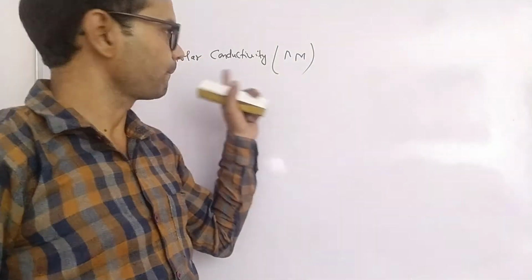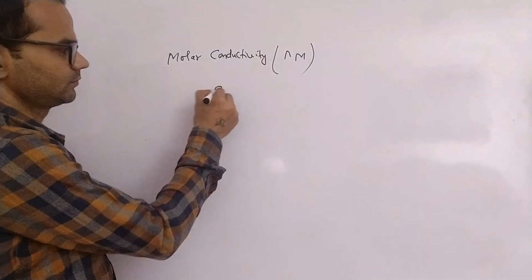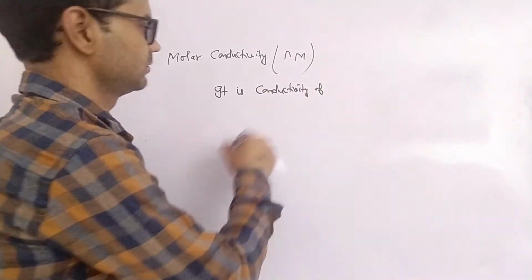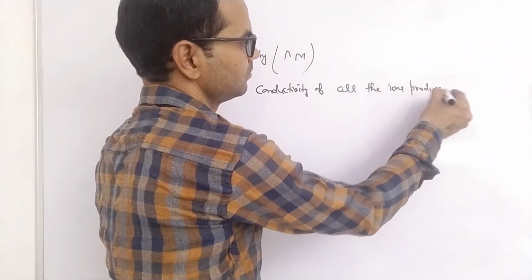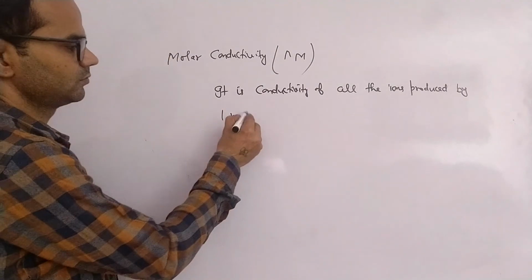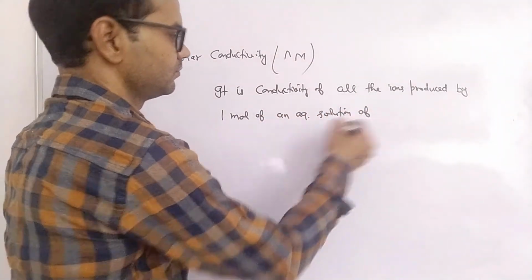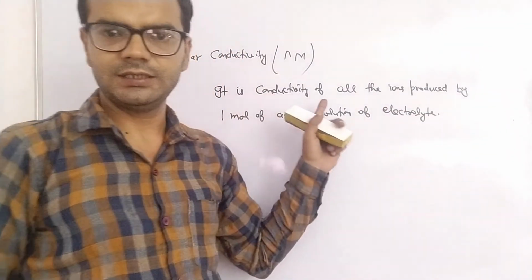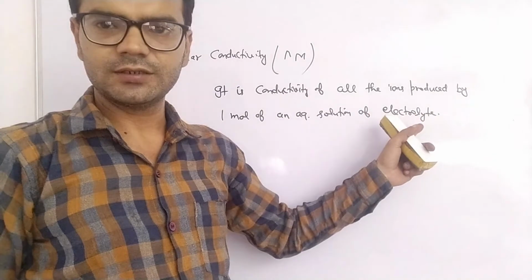Next is molar conductivity. It is the conductivity of all the ions produced by 1 mole of an aqueous solution of an electrolyte.